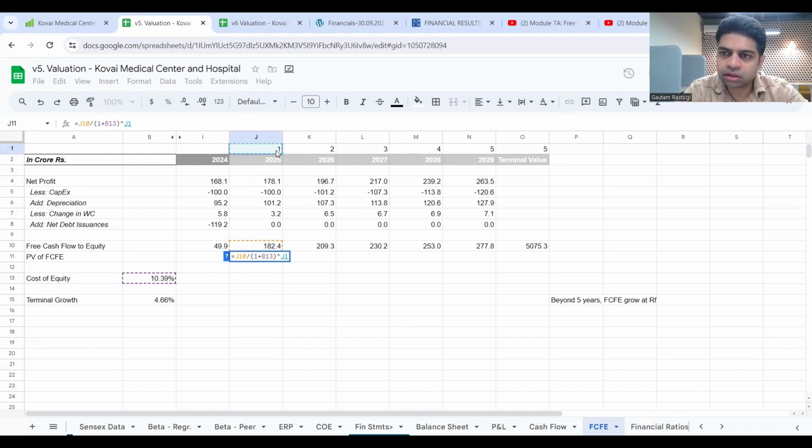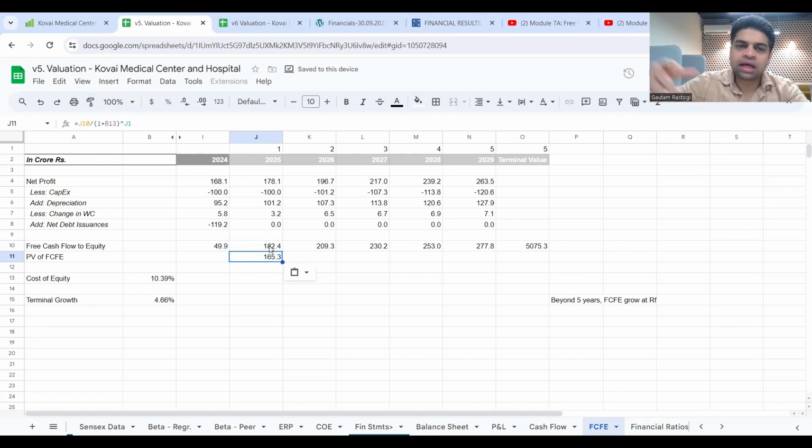That's how you discount, right? I explained it in module 7A and also in the introduction to valuation. So what this is telling us is that 182 CR next year is worth 165 today. So let's lock the discounting and drag it.